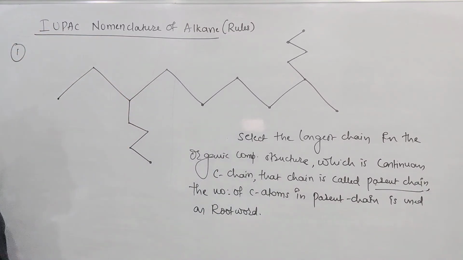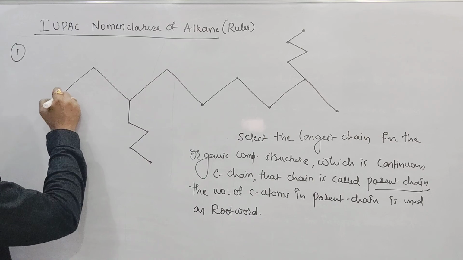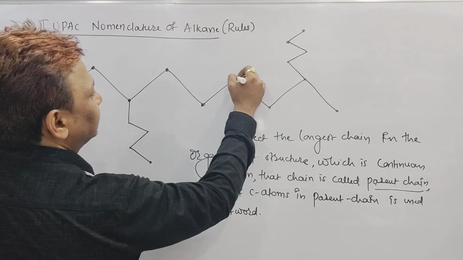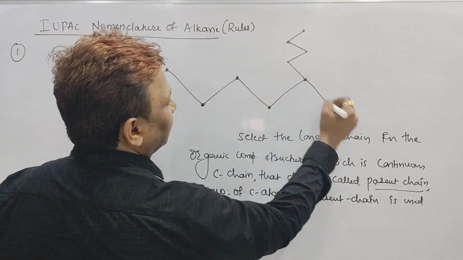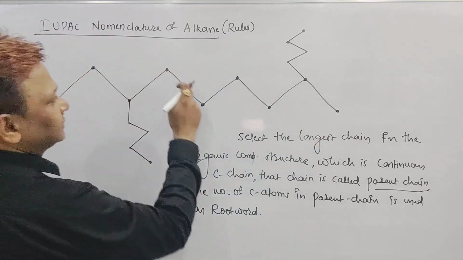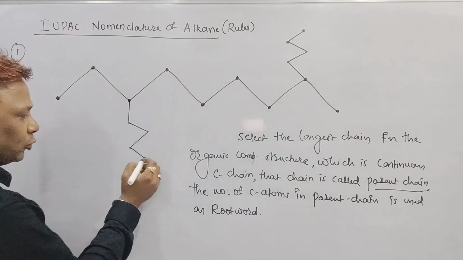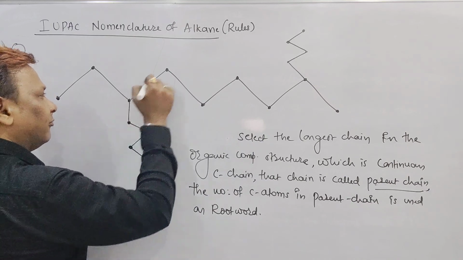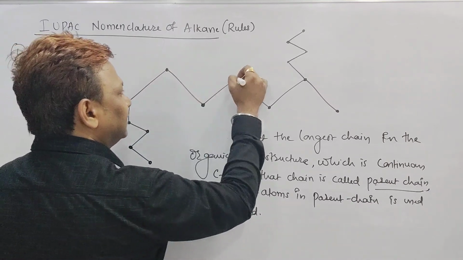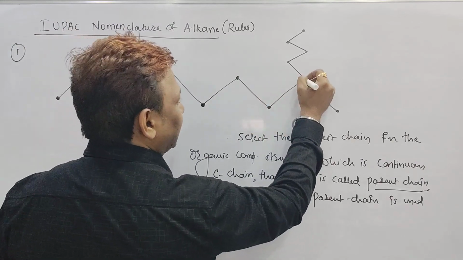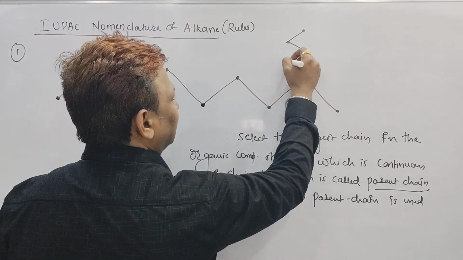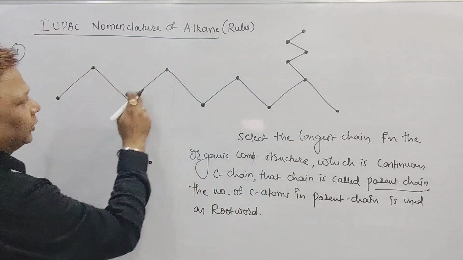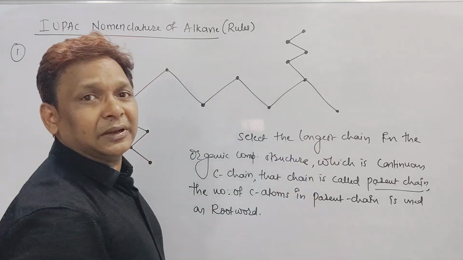Now let us select the longest chain of the carbon. See what I am counting here: 1, 2, 3, 4, 5, 6, 7, 8, 9. If I go in this way, I am getting only 9 carbon atoms in a straight chain.